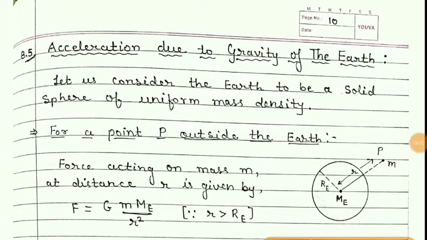Also, the density of the earth is not the same everywhere, because the earth is made up of mountains and sea bodies, that is water at most of the parts. So densities of the earth at different parts are different, but here we will consider the earth to be of uniform mass density.